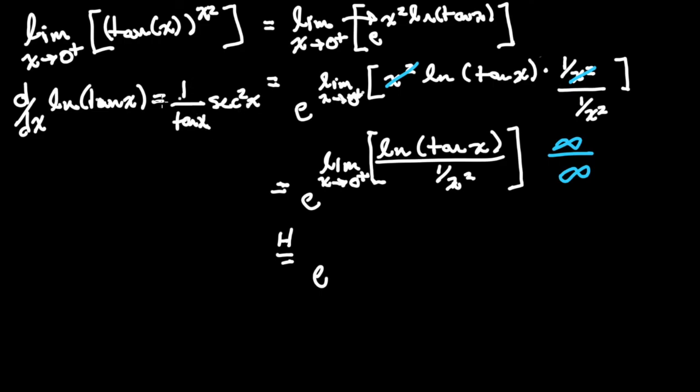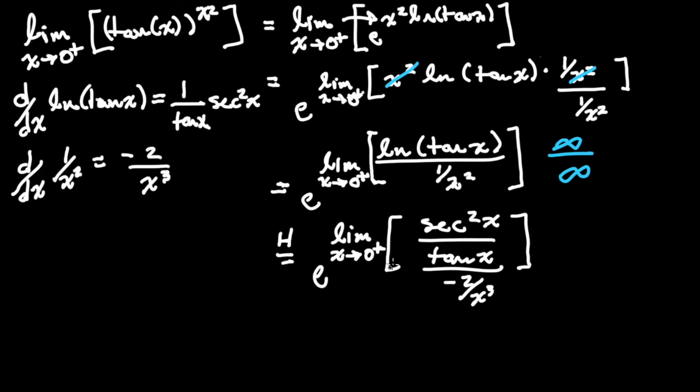And then the derivative of the bottom, 1 over x squared, is equal to -2 over x cubed. And so then what we can do is plug that back into our limit. I've written the H here to denote L'Hopital's again. Brackets here, a little bit bigger to be more proper.